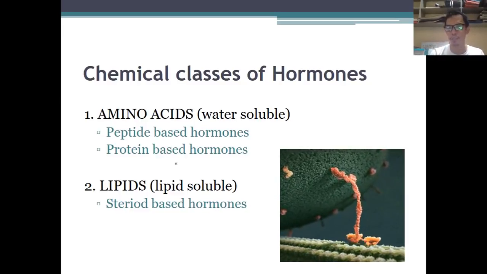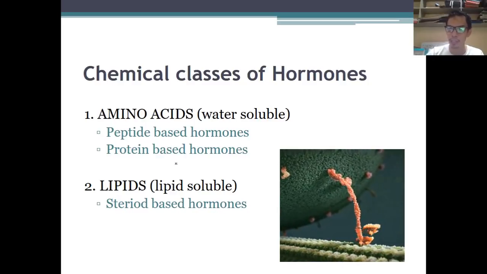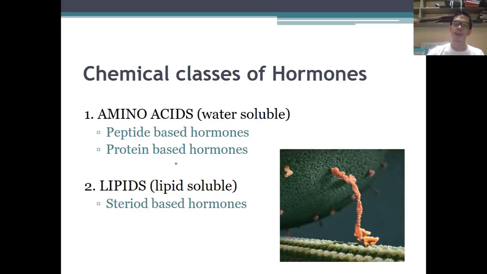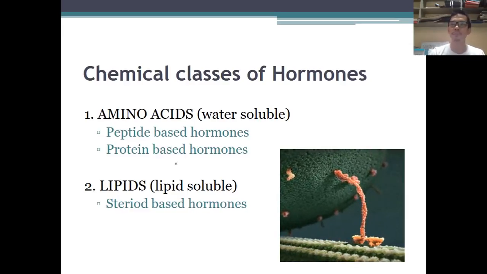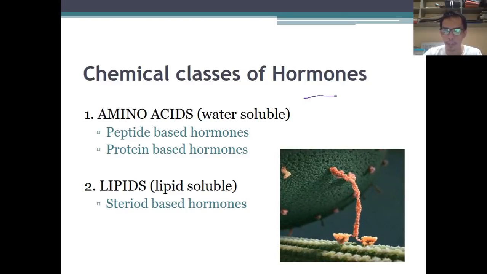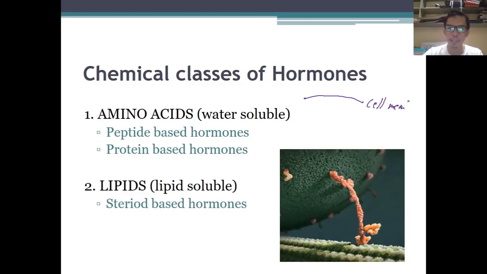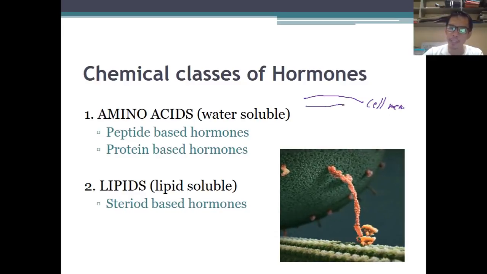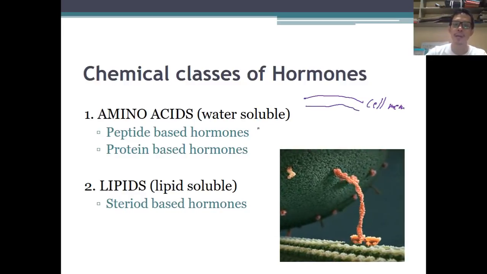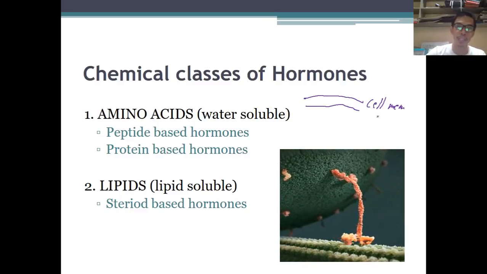Not all hormones are created the same. There are hormones that are water soluble, and there are hormones that are lipid soluble. To make it easier to understand, the cell has what we call the cell membrane. It depends upon the class of the hormone how it will interact with the cell membrane.